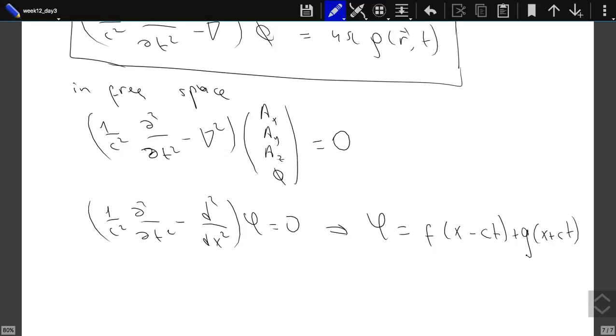So these f and g functions just have some particular shape, and in the case of f, the shape is moving in the positive x direction. In the case of g, the shape is moving in the negative x direction. So this is the wave equation. Just remember your course 215.